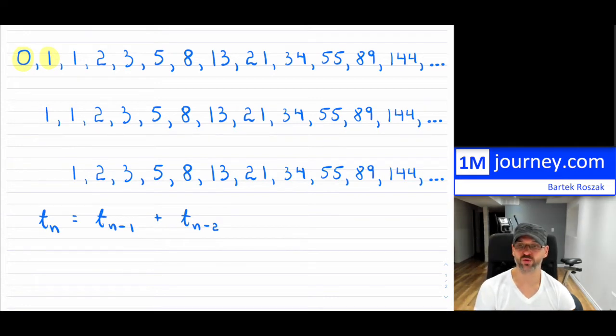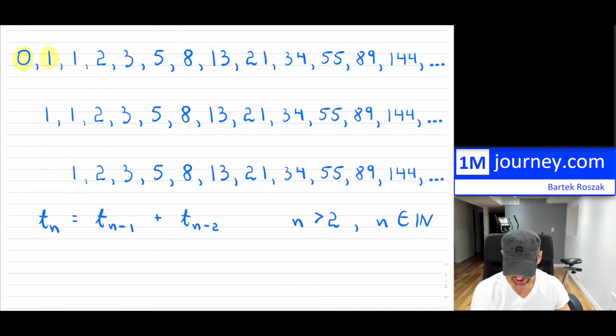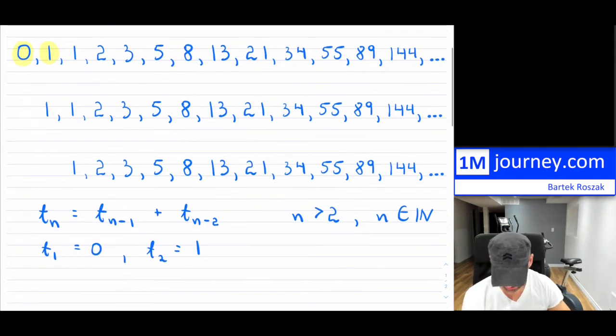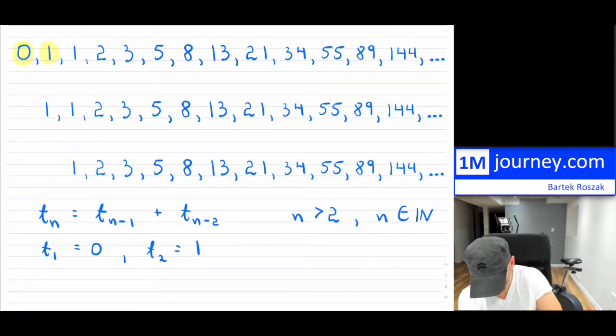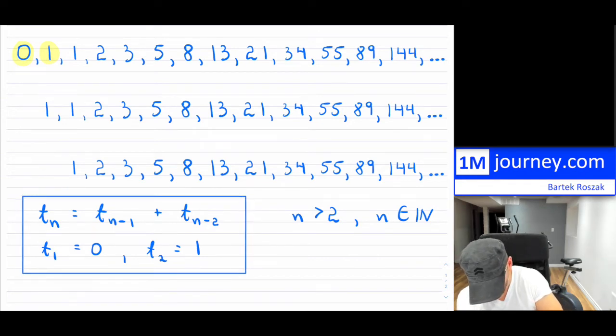Now this of course will only work for n greater than 2, and n is an element of the natural numbers, just like for any sequence. So for instance, if you're going to be starting this off, term 1 is defined as 0, and term 2 is defined as 1, and then you can plug this in. This would be your recursive way of defining this Fibonacci sequence.